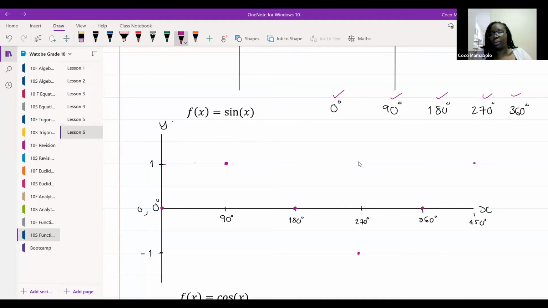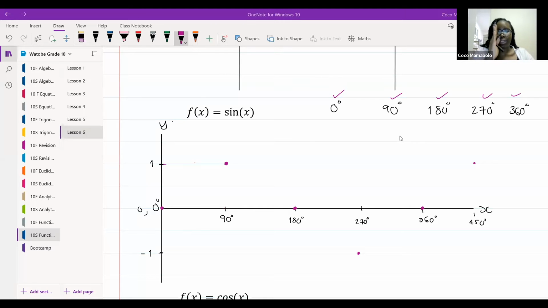Does everybody agree? If I go past 360, I'm repeating my graph again. If I go past 360, I'm going to start repeating the same thing again. So that's why we are stopping at 360.